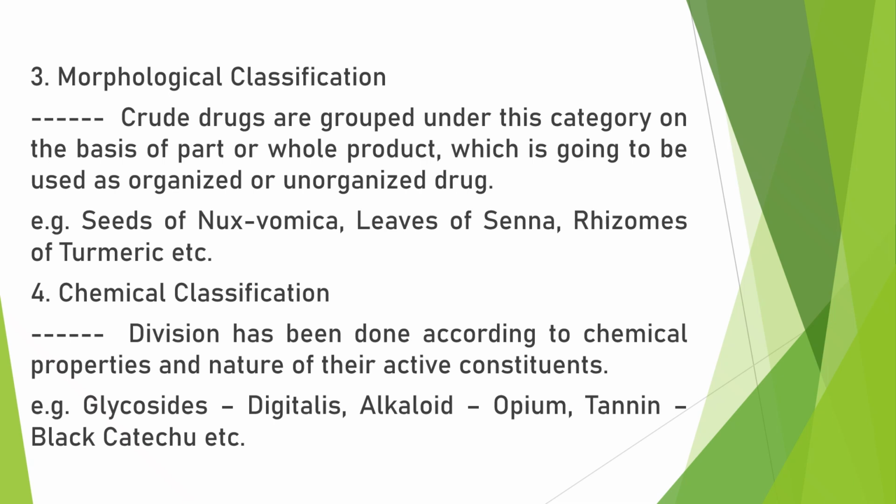In case of organized drug, we can divide it like the leaf portion of the plant, the flower, the fruit, seed, wood, bark, or any other parts like roots or rhizomes. They all have their own characteristics, and on the basis of those botanical characters, we have to identify the product accordingly.